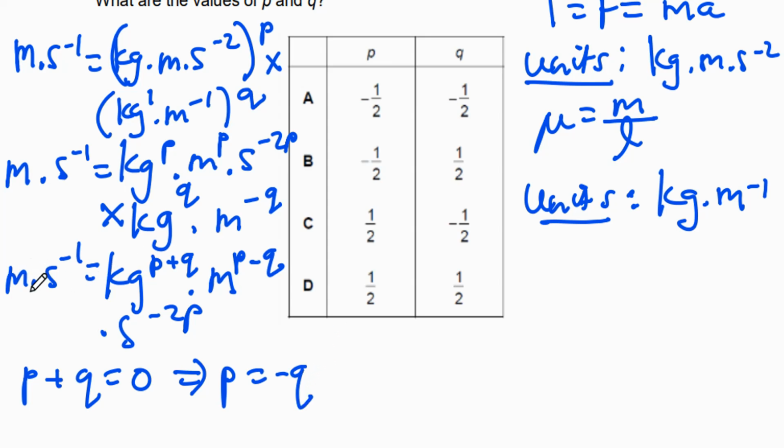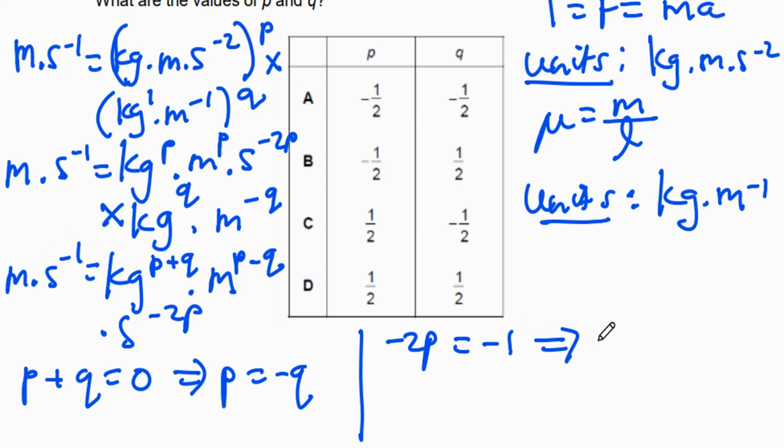Now we can compare the powers of the s's, for example. So the power here of negative 1 must equal the power of negative 2p. So negative 2p, the power of s on the right-hand side, must equal negative 1, the power of s on the left-hand side.